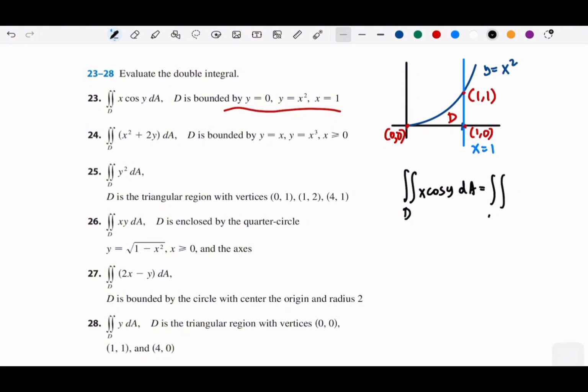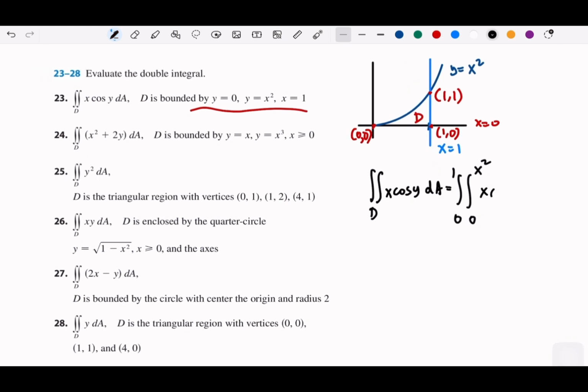So we are going to start from 0 to 1, and then the line equations will be 0 to x squared. So this is x equals 0, the line. So we could start from 0 to x squared.